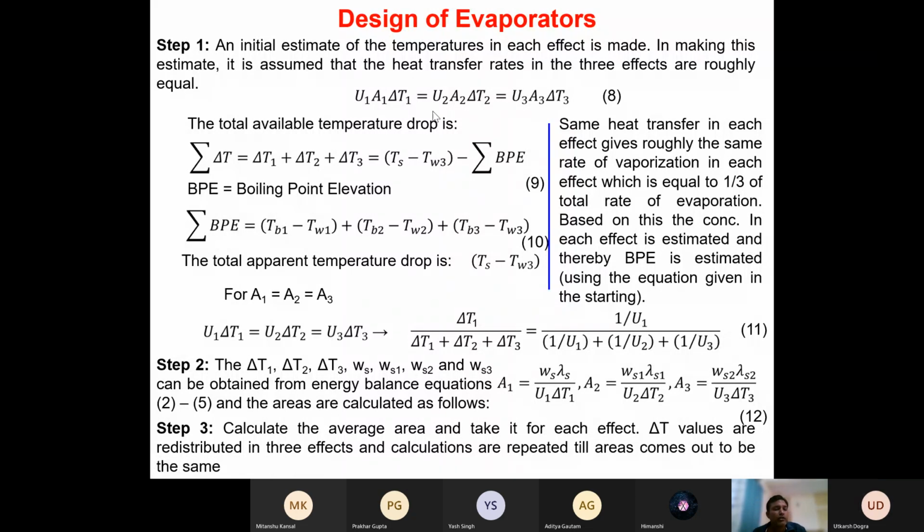Okay, so typically this problem becomes easy if the solutions are dilute, because then you can safely ignore this boiling point elevation term. If your solutions are not dilute, these are concentrated, in that case you start with the assumption that the evaporation of the vapor in all three effects is the same. So 1/3, 1/3, 1/3 is occurring in all three stages.